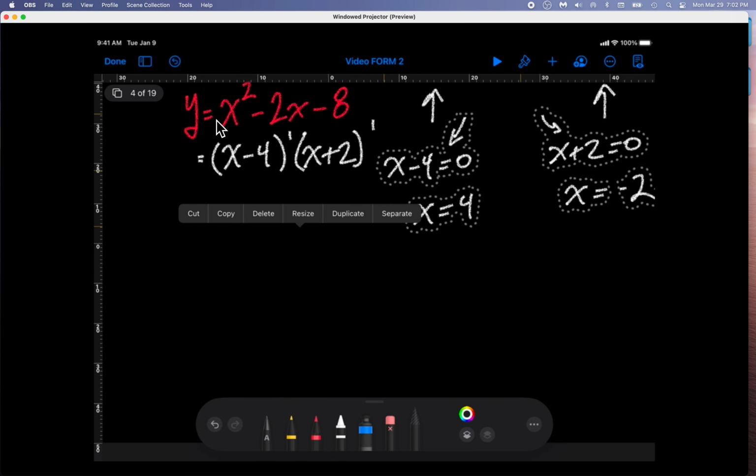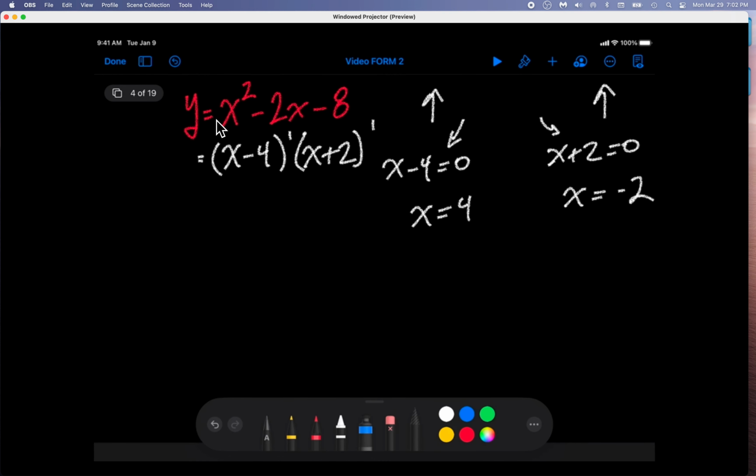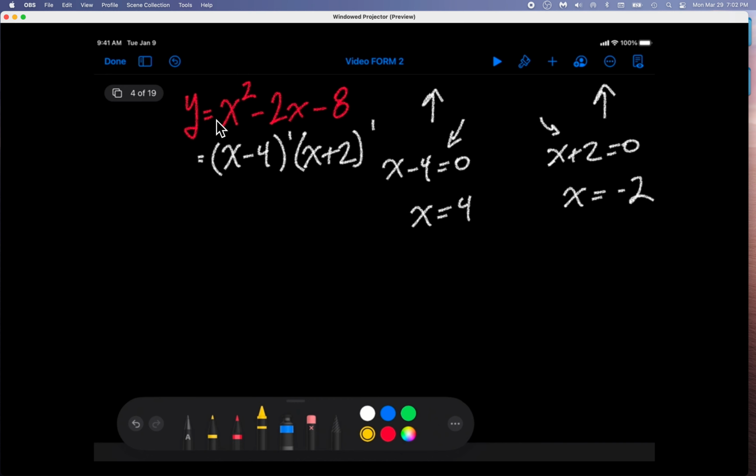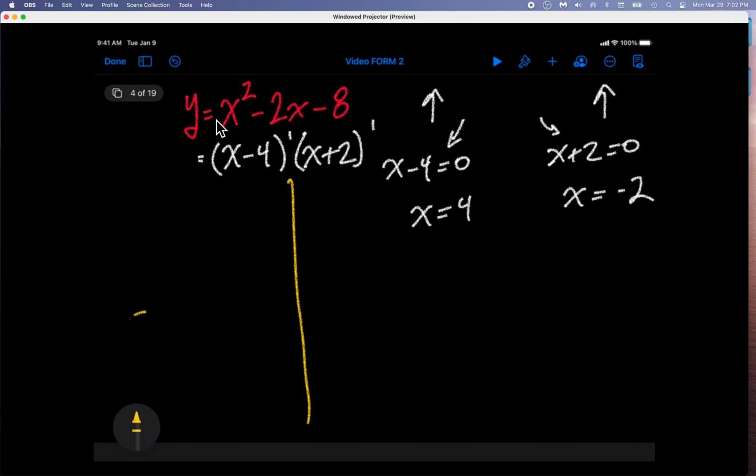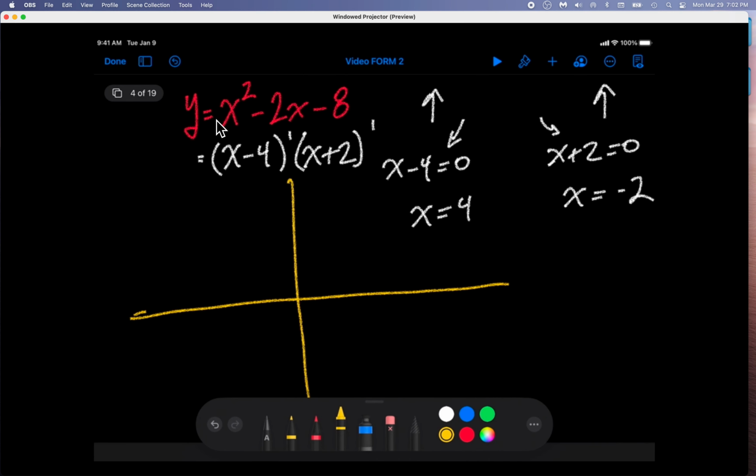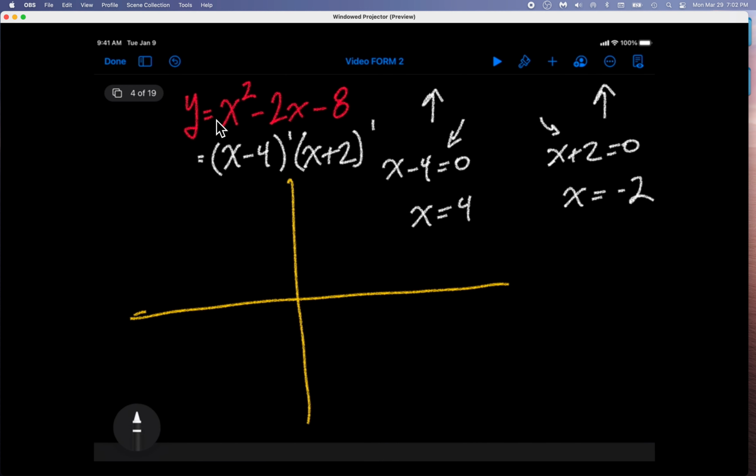Let's move that out of the way. And let's plot the zeros. So when x equals plus 4 and when x equals minus 2, we know that this graph is going to touch the x-axis. Also, the fact that these are odd means at each of these zeros, it's going to go through the x-axis.